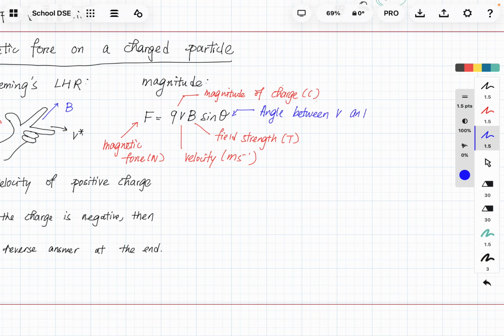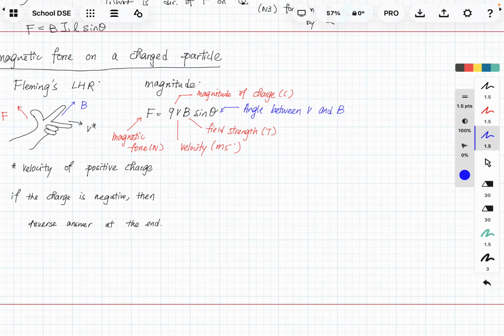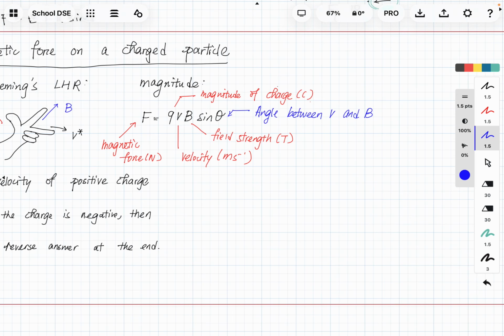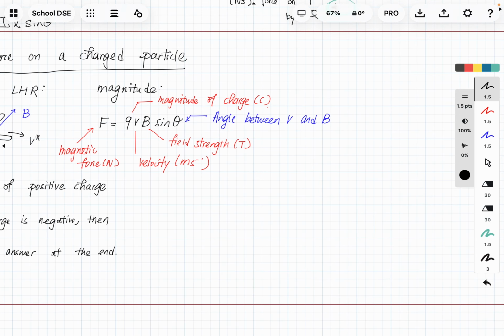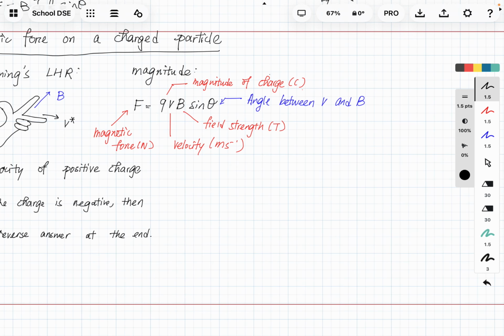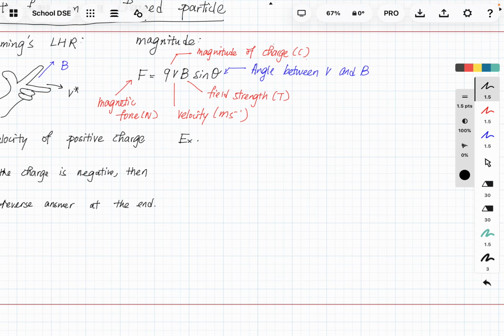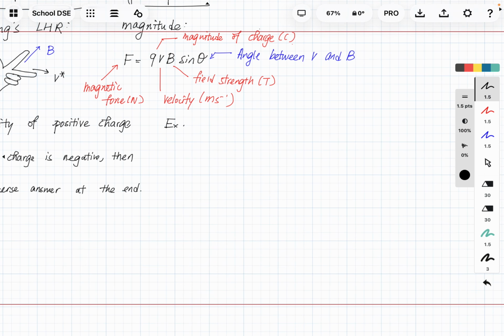This part essentially says that in general, let's say you have the velocity of a particle going like this, a positive charge, and using the Fleming's rule, let's say you are in a region of magnetic field going into the page. Then you will find that the force is pointing to the left.